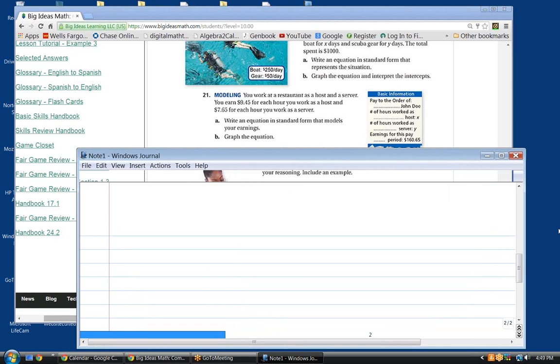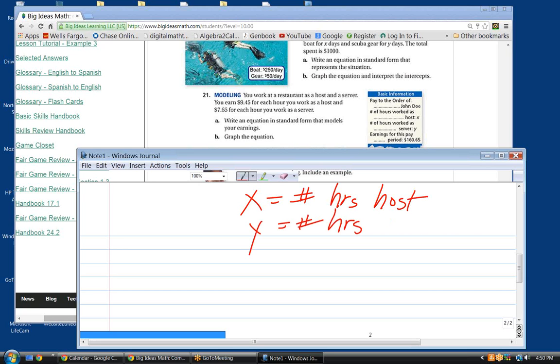The first step would be to do the basic information. In other words, if they didn't have this page right here, then the very first step would be to make up your variables and label what they are. You would say that x is the number of hours you work as a host, and y would be the number of hours you work as a server.